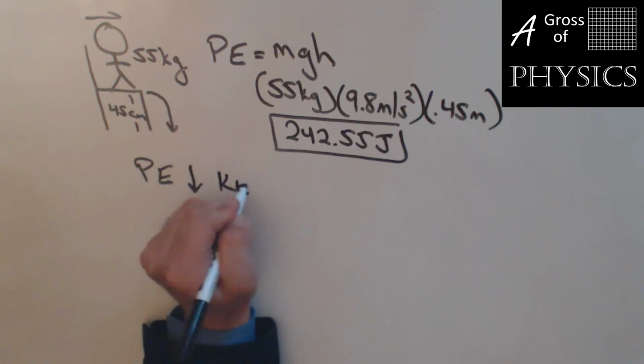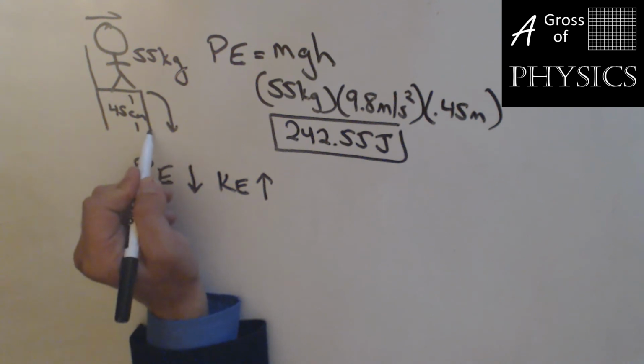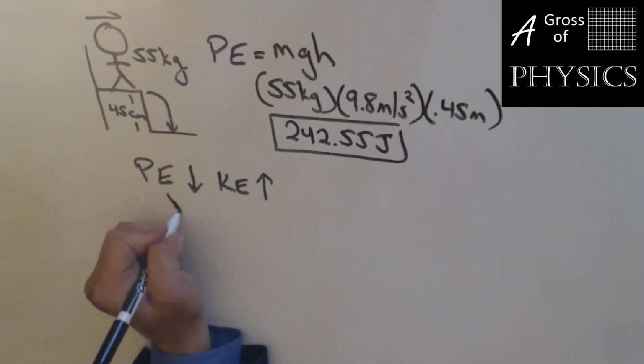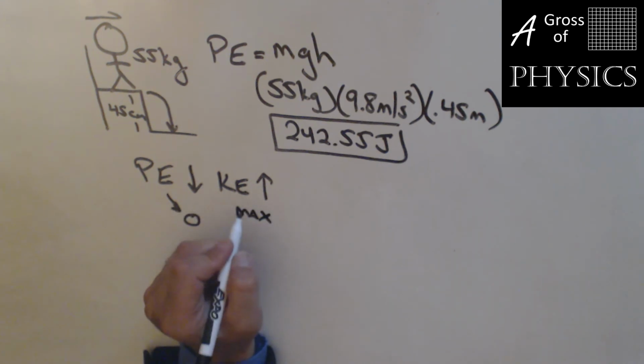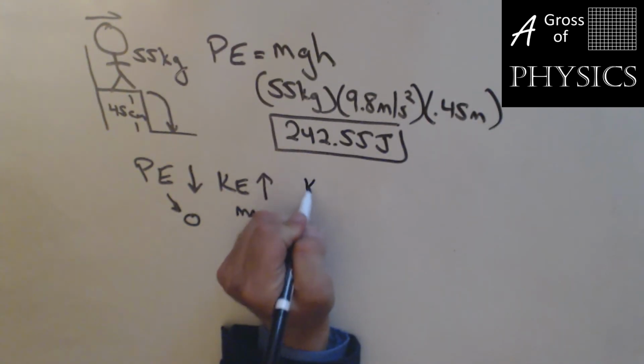Now, like the pendulum problem, once this person steps off, all that potential energy is going to decrease, and it's got to go somewhere. It's going to go into making the person move faster, so kinetic energy goes up. When it hits the ground, or right as it's hitting the ground, potential energy will become zero, so that approaches zero, and the kinetic energy will be maxed. In fact, it will be a maximum value of 242.55, as long as we neglect air resistance.